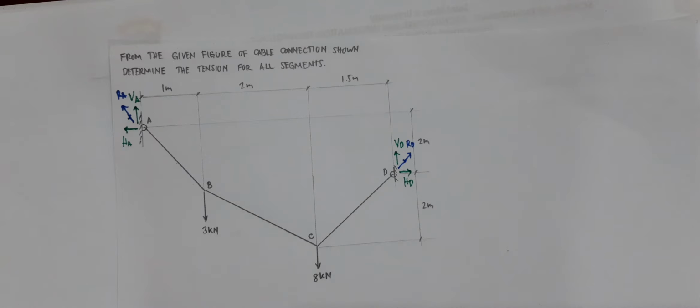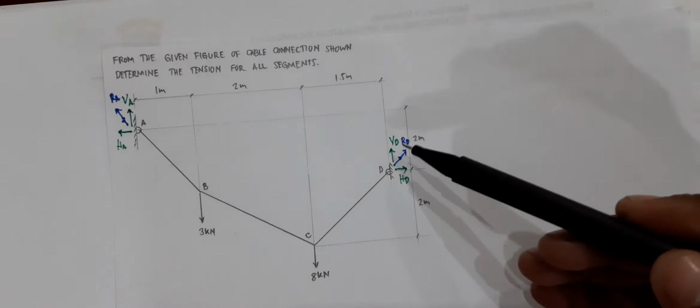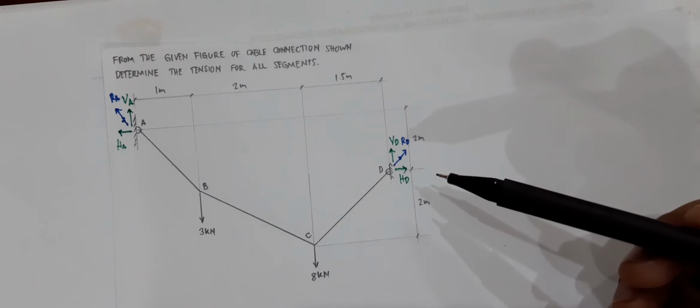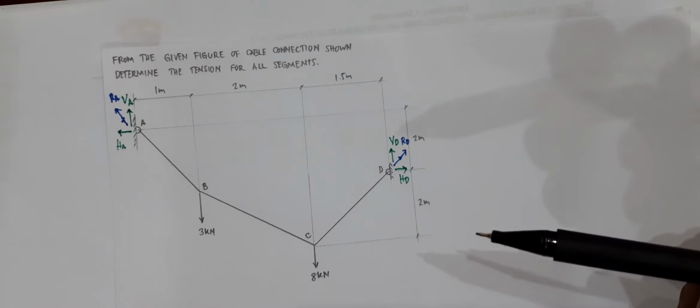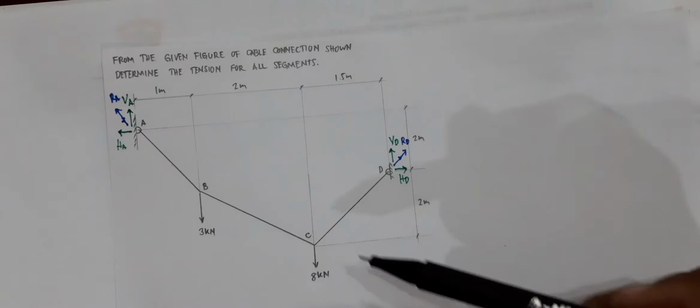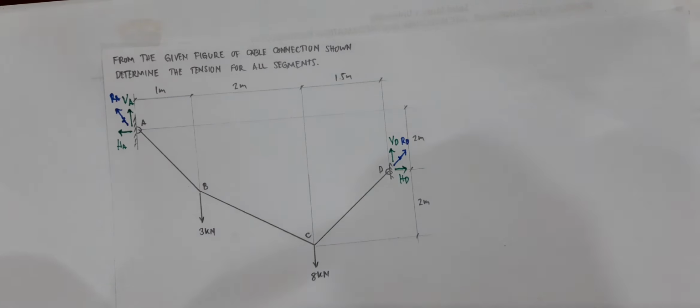You cannot calculate directly for VD and HD basically because you do not have that data. Let me restate that one. What we can do is to calculate the tension at CD, since you have a complete data, as I stated a while back.